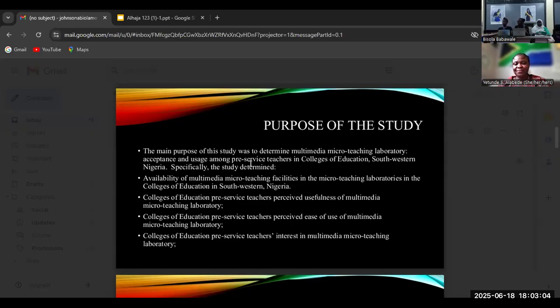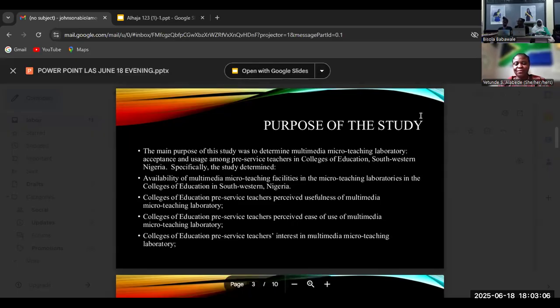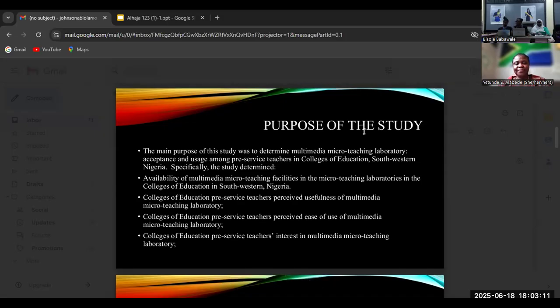Technology has been integrated into education, and so teaching practice is not left behind. Micro-teaching is not left behind. So TETFund constructed and set up micro-teaching labs in different colleges of education, especially federal colleges of education in the Southwest, in order to prepare the service teachers for the future.